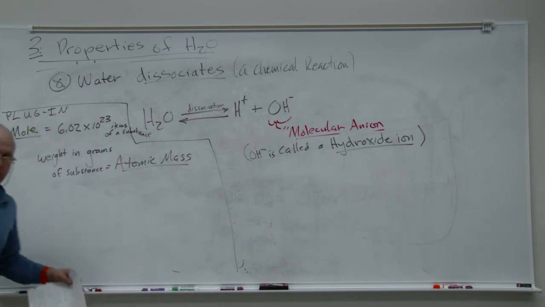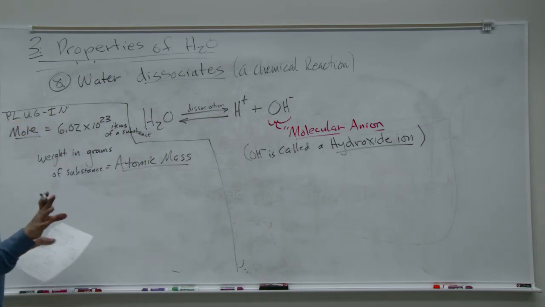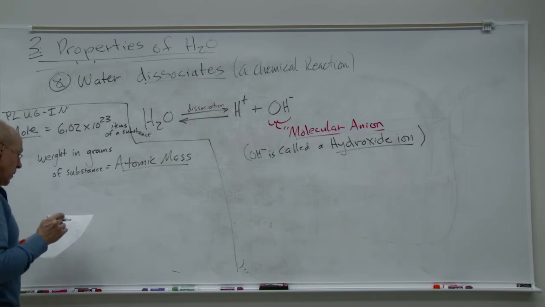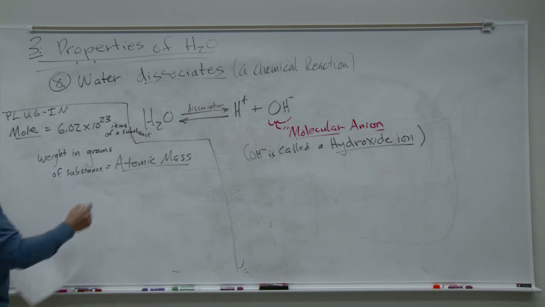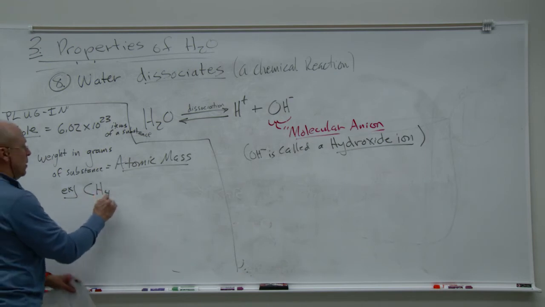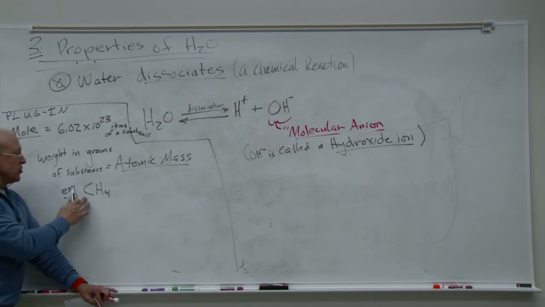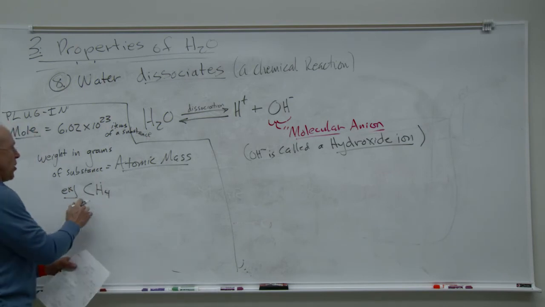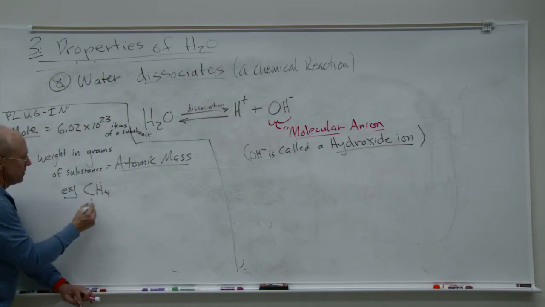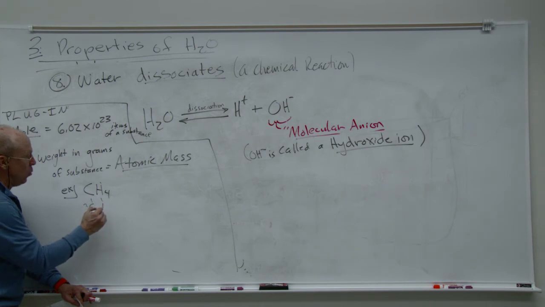Here's what I want to do. I'm going to put this into perspective. Suppose, for example, that we have the molecule CH4. You remember this one? So it's carbon, single bonds with 4 hydrogens. We know their atomic masses. Carbon's atomic mass is about 12, and hydrogen's atomic mass is about 1.